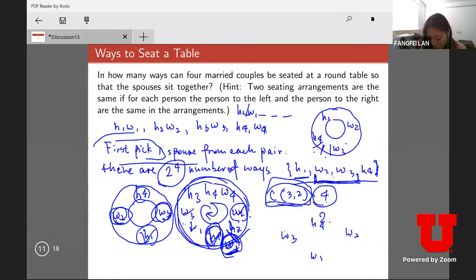If we picked these 4 first, that's exactly the same thing as inserting W1 here, because then you just have this, and you arrive at the same arrangement. So the answer would be 2 to the 4 times 3 choose 2, which is just 3 times 2, because you just fill it in either on the left or on the right.